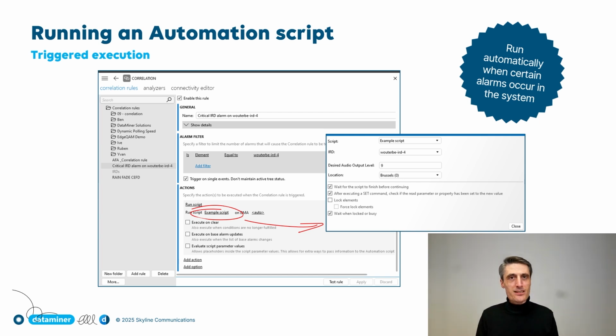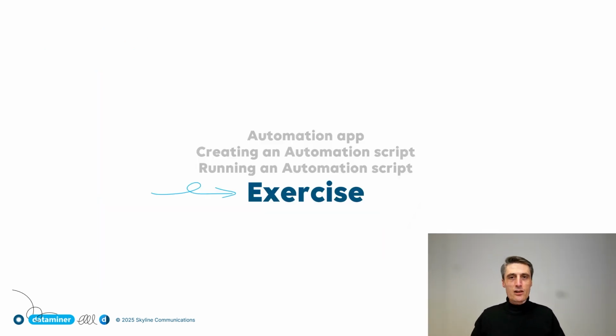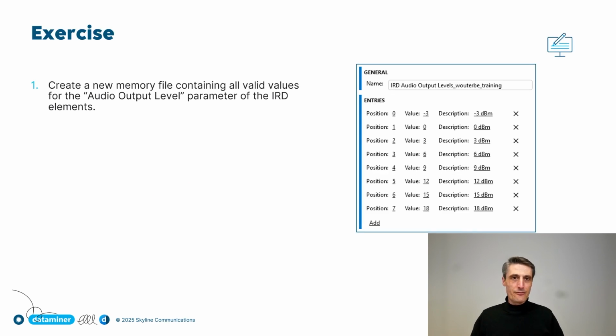So you can see automation scripts come back in various places throughout the system, even through APIs or through Teams or through dashboards, low-code apps, correlation rules. All of these things are able to rely on those automation scripts to do all kinds of magical things in your DataMiner system, you could say. So you can see it's really a cornerstone to take your system to the next level.